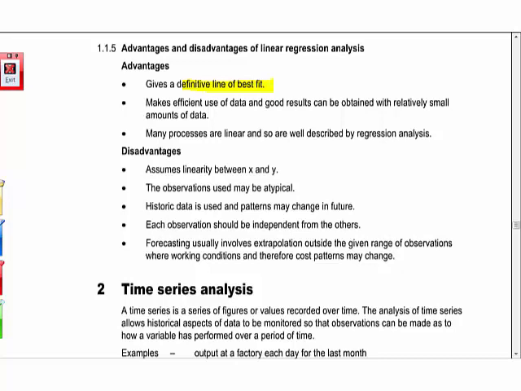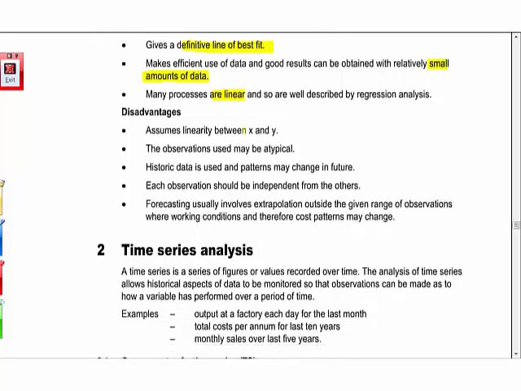And it uses all of the data, and we can get a fairly decent result with quite a small sample size. Especially in a dynamic business, we might not have been making the same thing over and over. Lots of processes will be linear, and so linear regression will work for them, so it will be possible to fit them to a straight line.